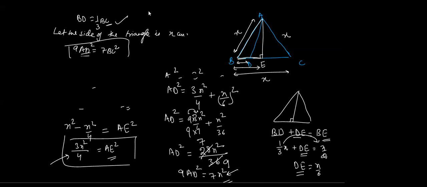Okay, so it is being given to you that you have been given a triangle ABC. It is an equilateral triangle, and it has been given to you that D is a point on side BC such that BD is equals to 1/3 of BC.